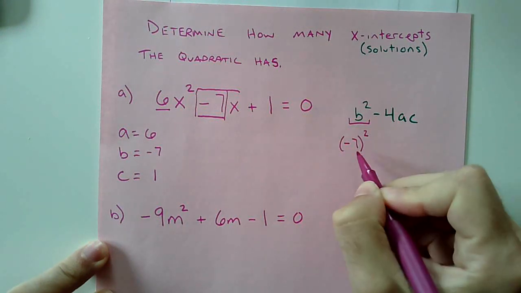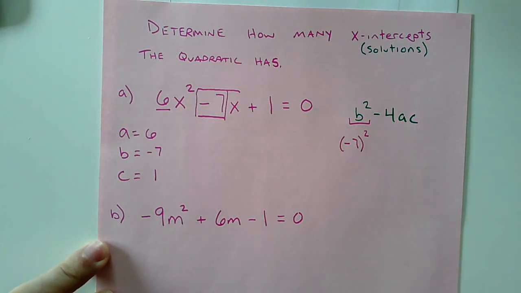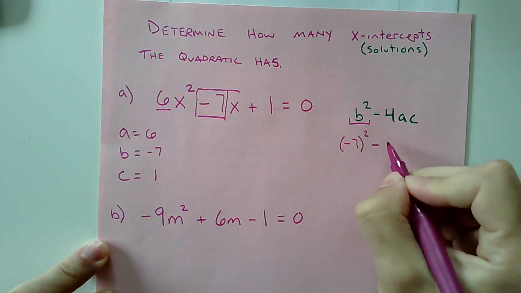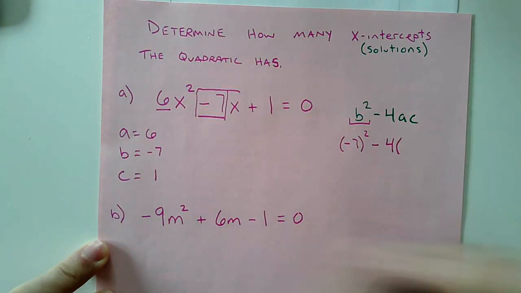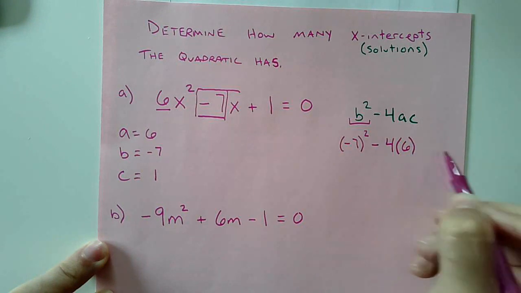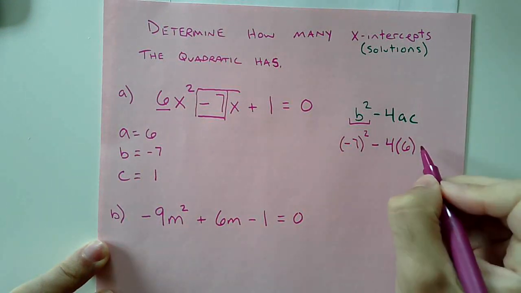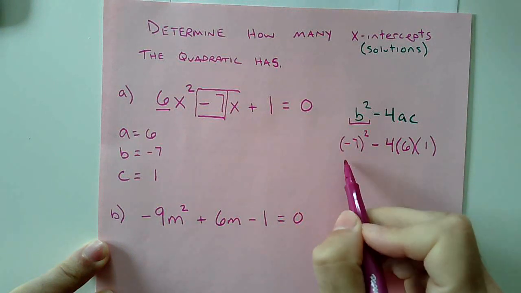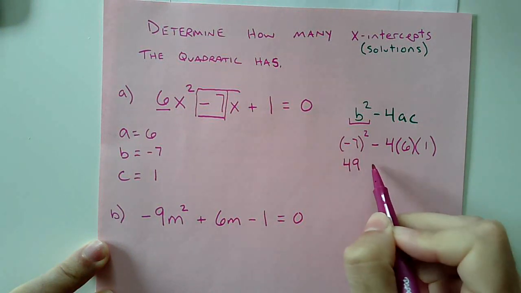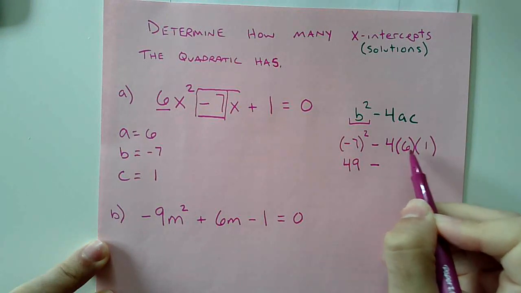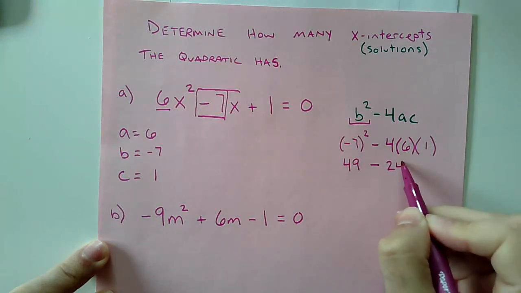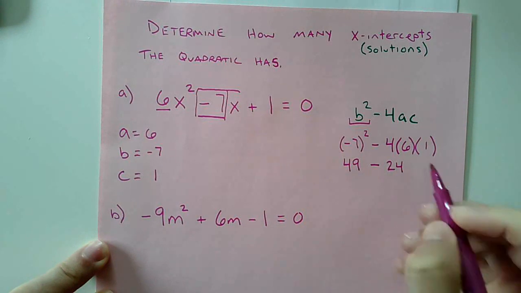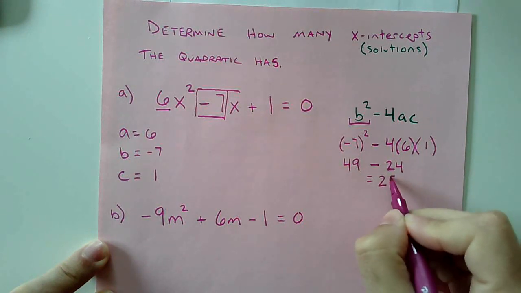This has to go in parentheses if you're using a calculator, or you have to do it in your head, but you have to make sure you avoid that negative final answer. Subtract 4 times the value of A, which is 6, times the value of C, which is 1. This becomes 49, subtract 4 times 6 times 1, which is 24. 49 minus 24 equals 25.